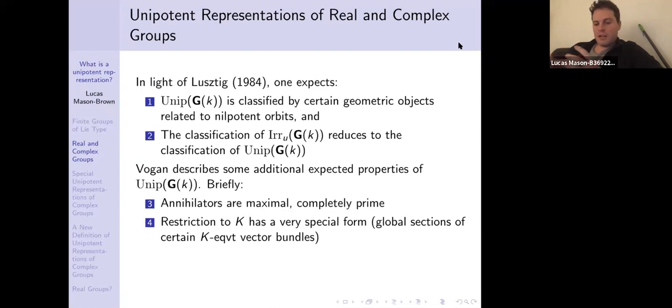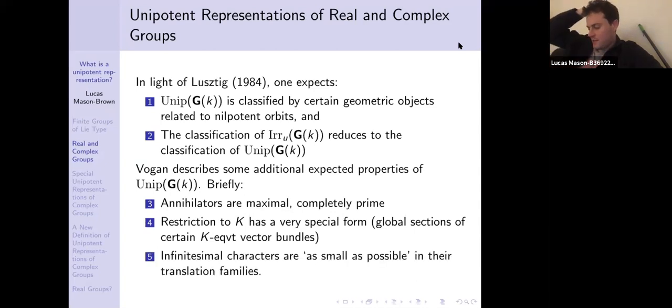Roughly speaking, it should look like the global sections of a certain K-equivariant vector bundle. And the infinitesimal characters of these representations should be as small as possible in their translation families. So many of these properties have to do with the fact that unipotent representations, at least intuitively, are very small. Their annihilators are very big, and their infinitesimal characters are very small. And when you restrict them to K, you get something kind of manageable.